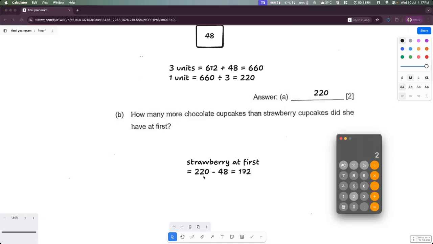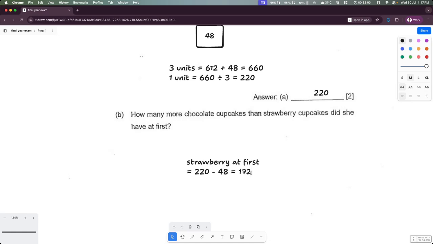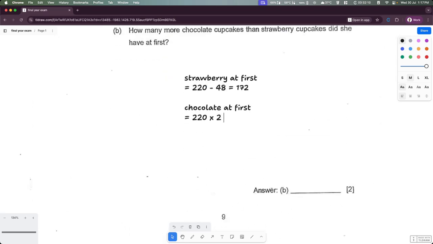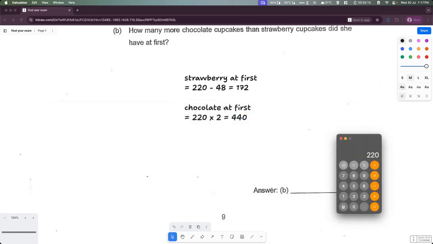So chocolate at first is basically 2 units, which is 220 times 2. So you see the model over here, 2 units, right? Then this will give us 440. Double check again, 220 times 2 gives 440.